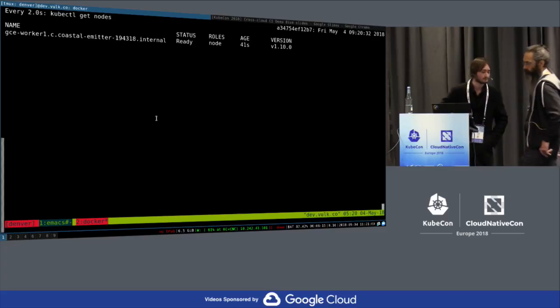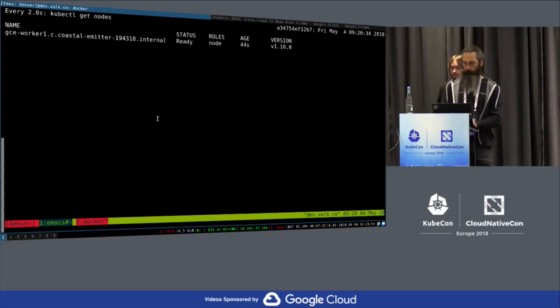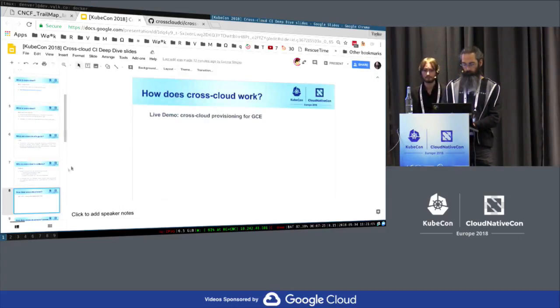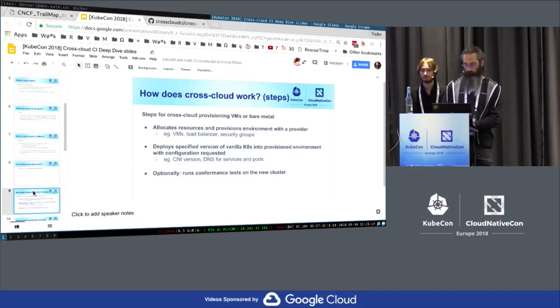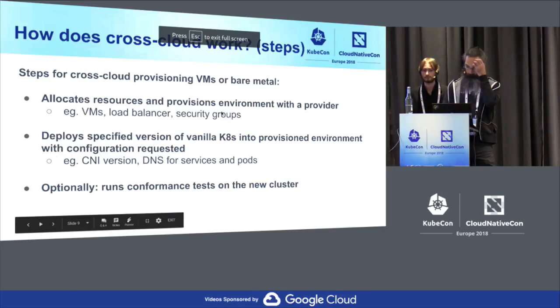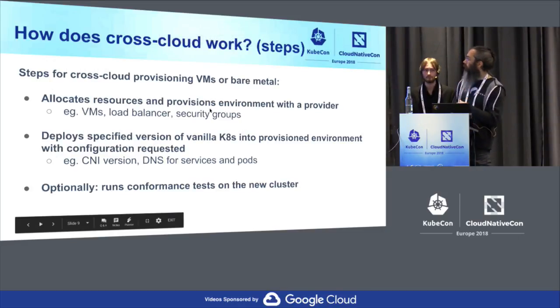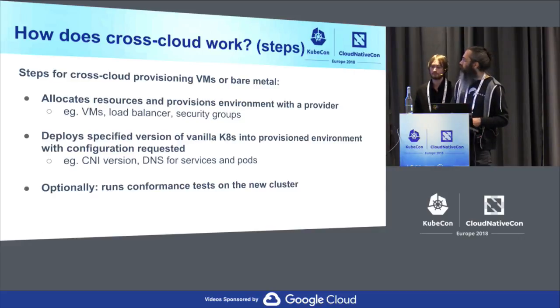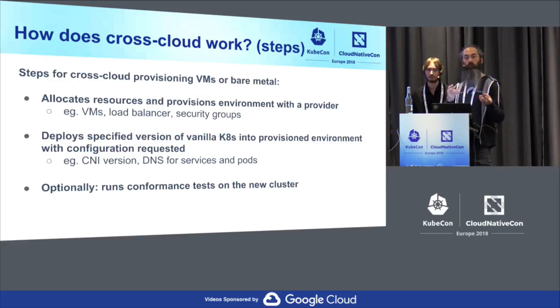Great. Taylor? So that was allocating the resources, all that, deploying vanilla Kubernetes that we pull down, that we can validate with tests. Maybe we've talked about pulling information from TestGrid or other places to see, do we want to actually do this?